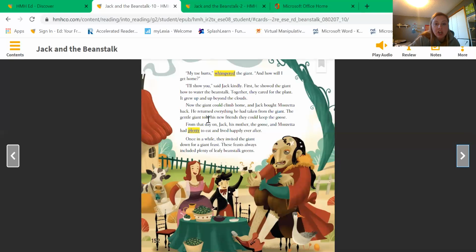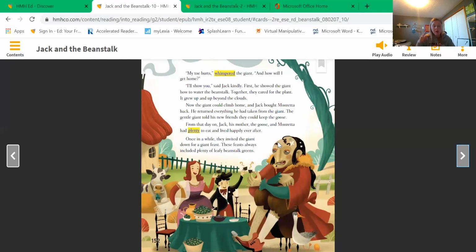It says, the gentle giant told his new friends they could keep the goose. From that day on, Jack, his mother, the goose, and Musetta had plenty to eat and lived happily ever after. So they were able to keep the goose, and that meant that they are no longer poor. They have enough to eat, and they can live happily ever after.